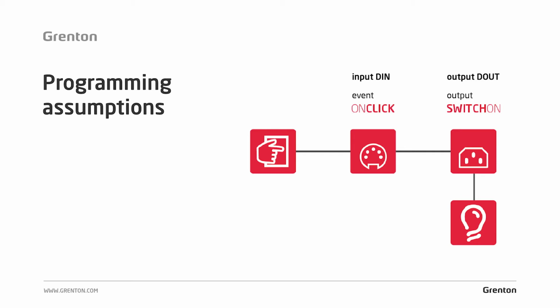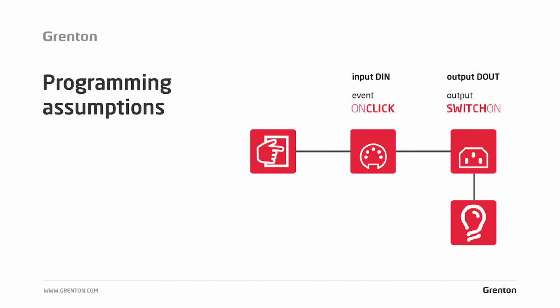If I press the button, the on-click event appears, and then the system assigns the switch on method to the on-click event, i.e. turn on the output. That is exactly how the whole system will work. Whether it will be the appearance of a specific state on the output in the digital in module, or pressing the button on the touch panel, or a change of temperature value, or any other event generated in the system.